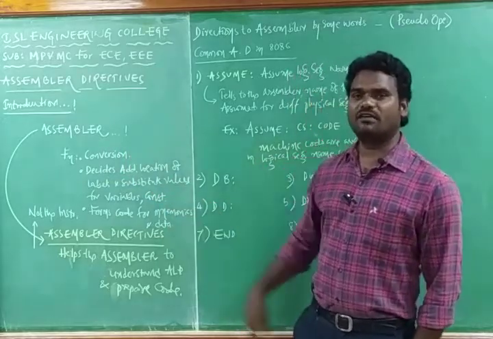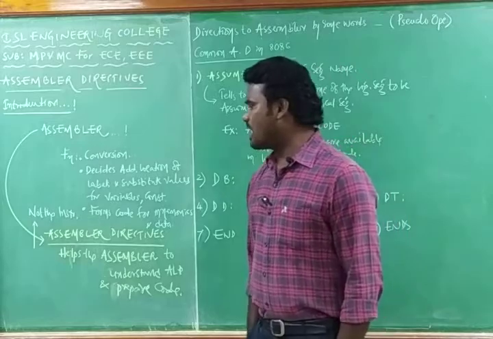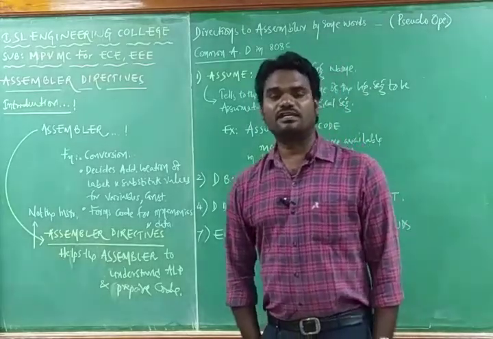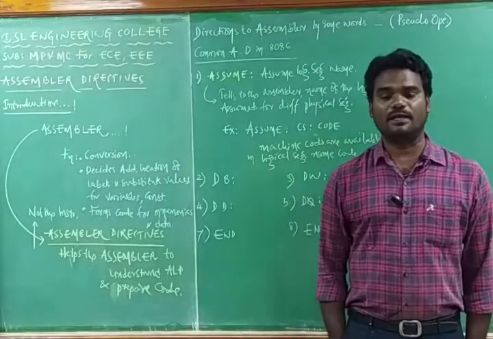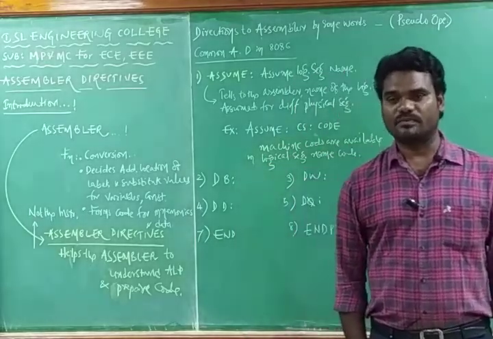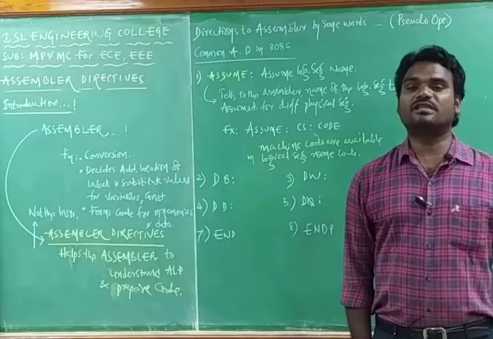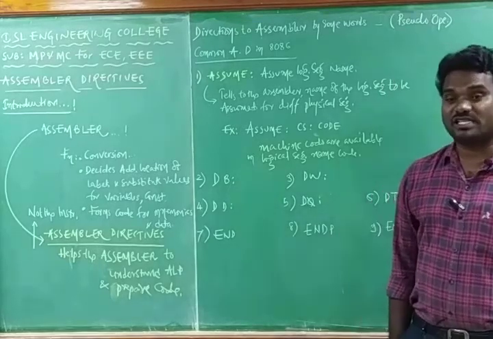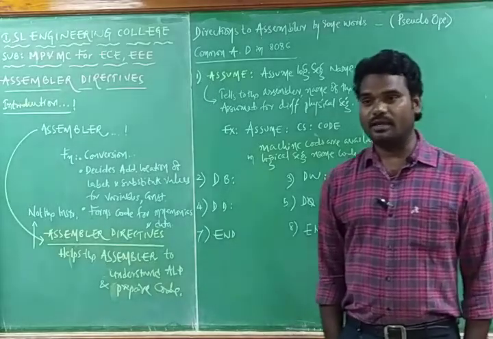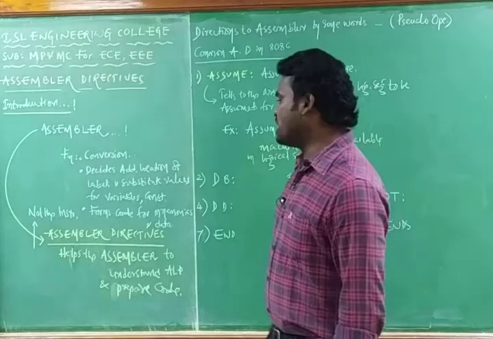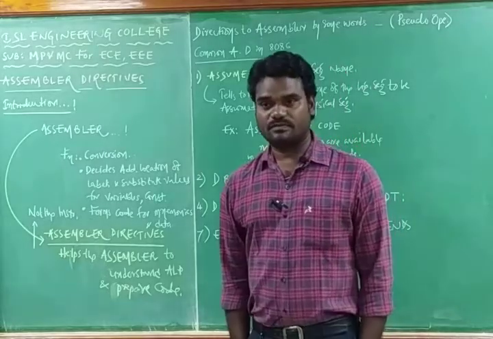Not only does it make the conversion, the assembler also decides the address location of labels. We have discussed what a label is in the assembly language program. Each line is named as assembly text, and the first field is a label. That means the label is the location of an address.